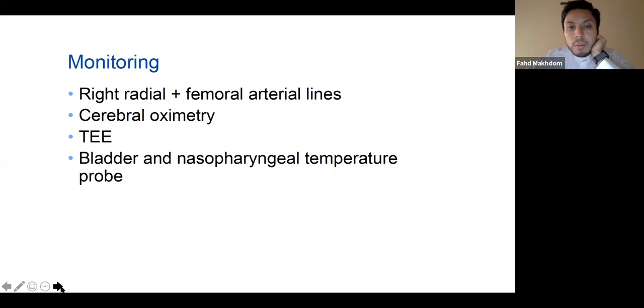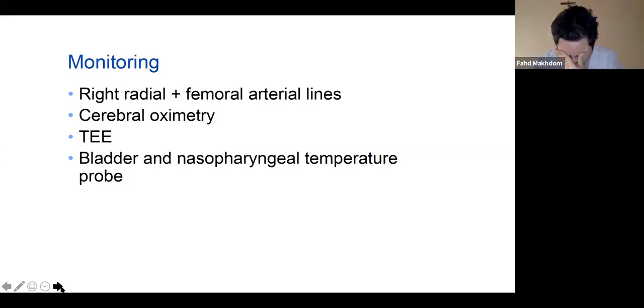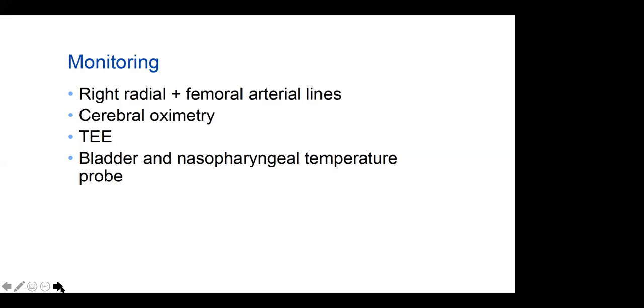Which one is more reliable? Nasopharyngeal. Why? It's closer to the brain, and the bladder is not that reliable after circulatory arrest.